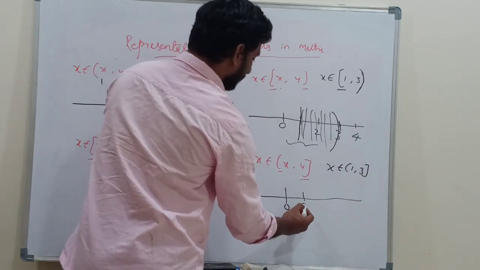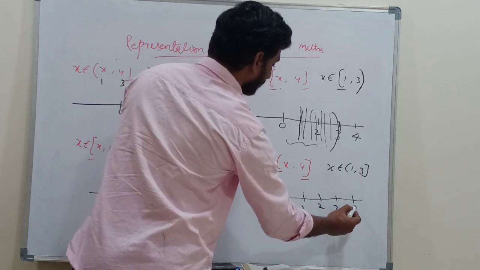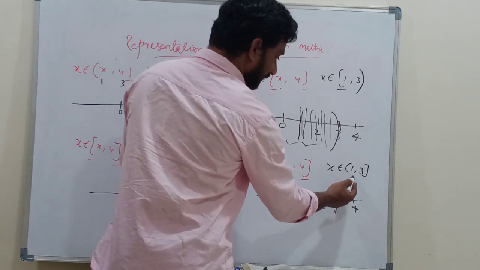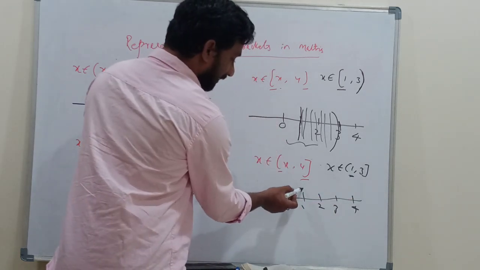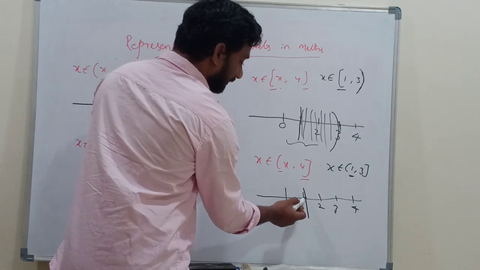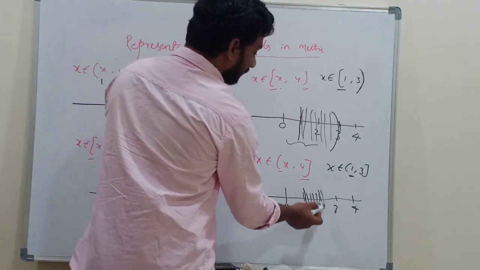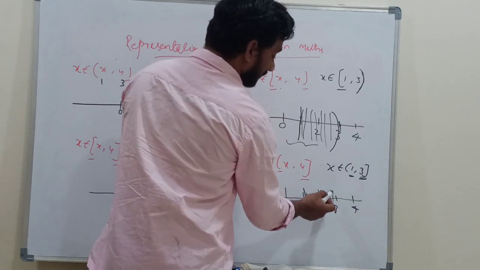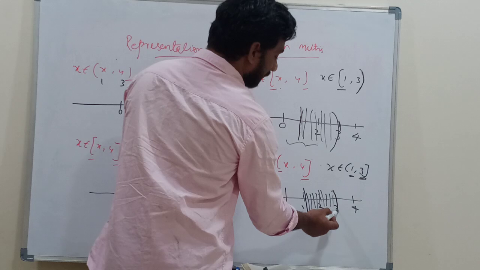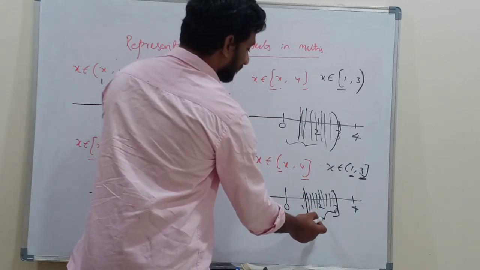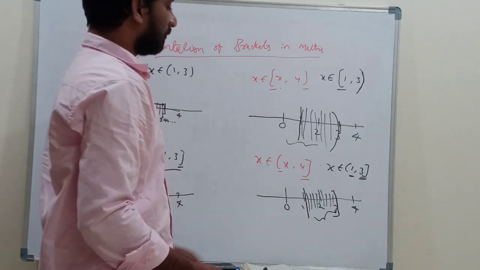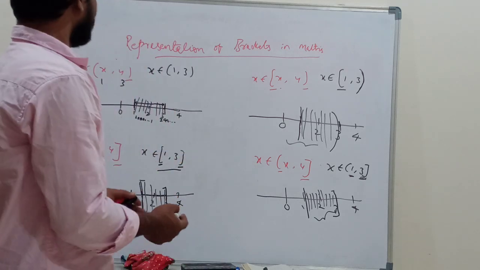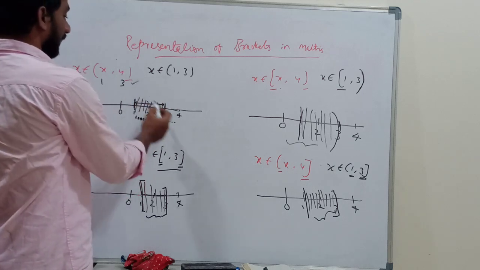Here I am taking 0, 1, 2, 3, 4. Here x is starting with open bracket 1. That means I will exclude this 1 and start from the next number. The closing one is closed bracket 3, so I will include 3 and close the bracket. So this whole portion comes under x belongs to open bracket 1 comma 3 closed bracket. This is how we represent x belongs to a certain range on a straight line.